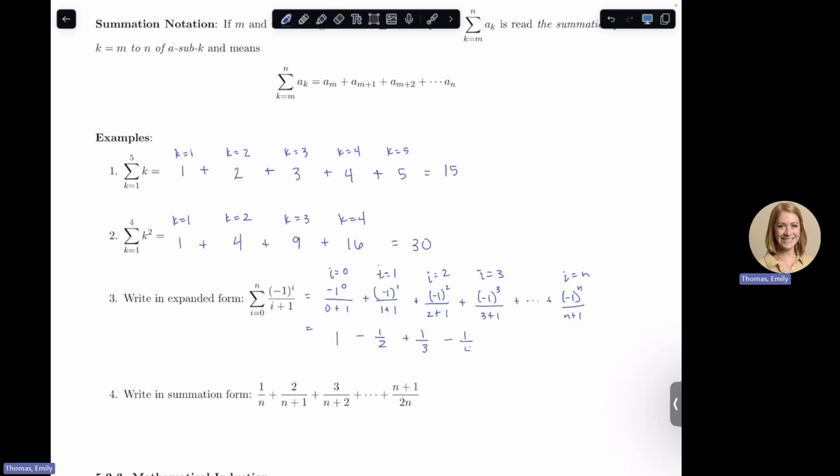Minus the 1/4 plus ... plus -1 to the n over n plus 1. This is an alternating series as well. But this one does converge, I think, to 0, right?